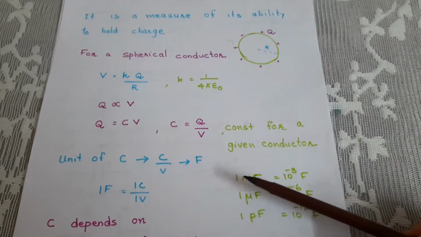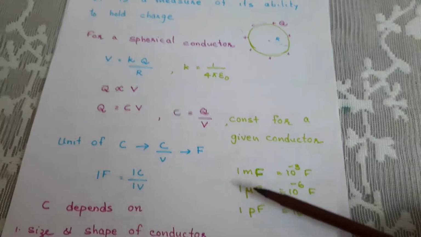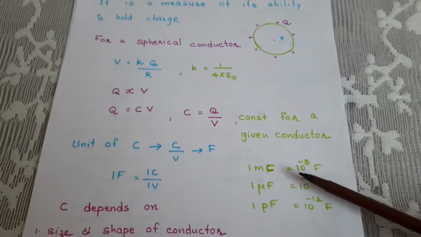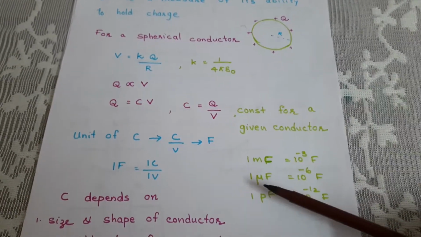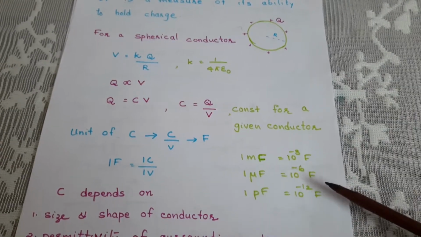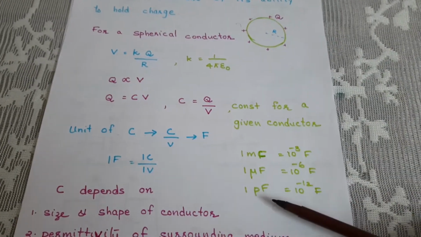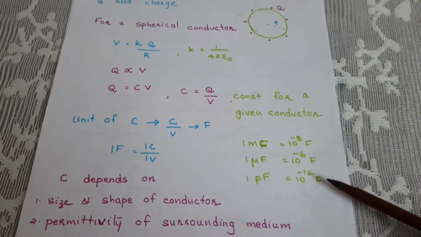So, commonly used units of capacitance are 1 millifarad equal to 10 raised to minus 3 farad, 1 microfarad equal to 10 raised to minus 6 farad, 1 picofarad is equal to 10 raised to minus 12 farad.